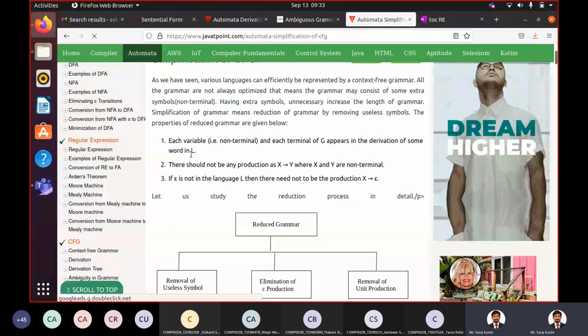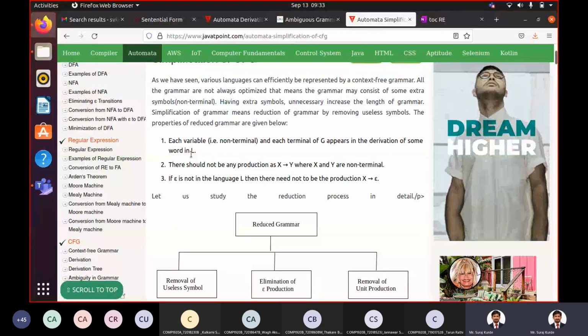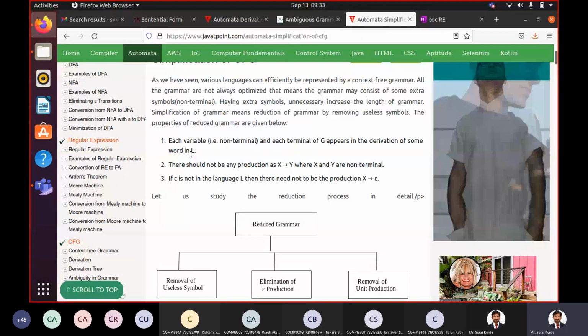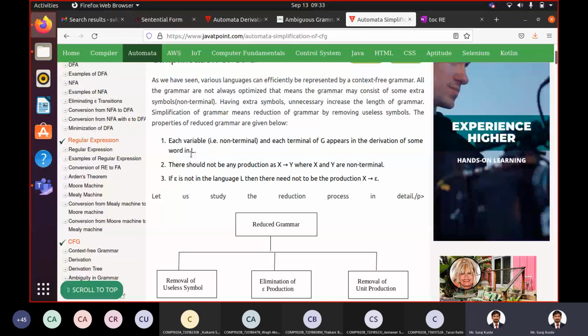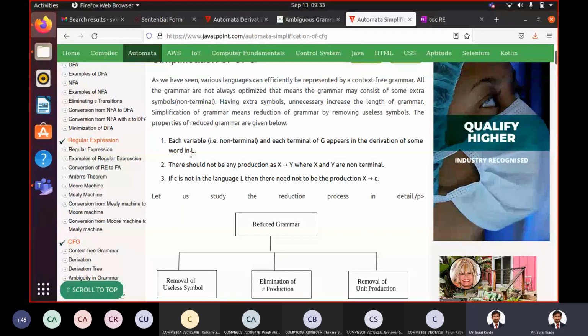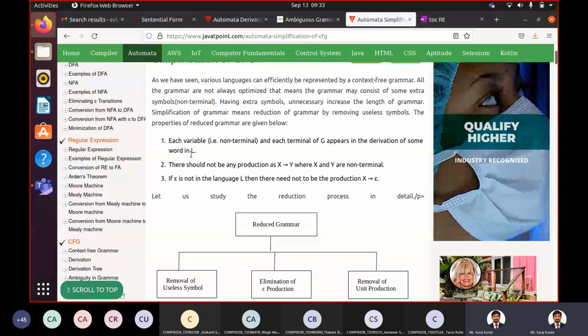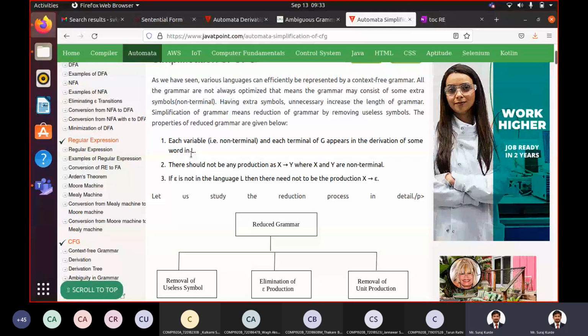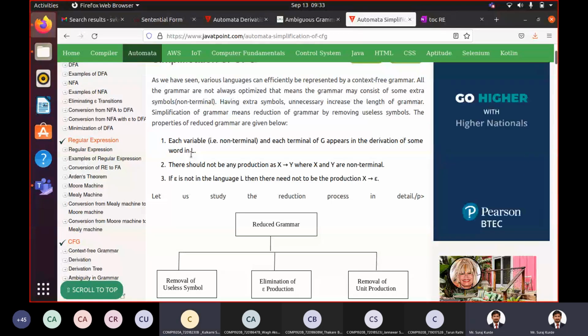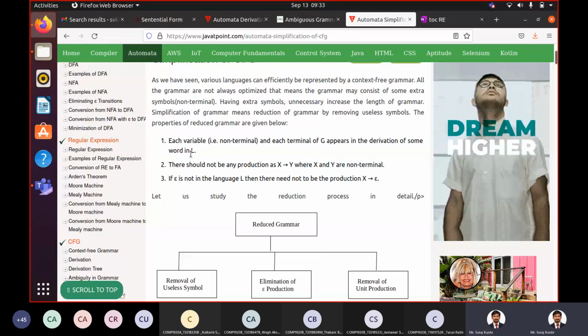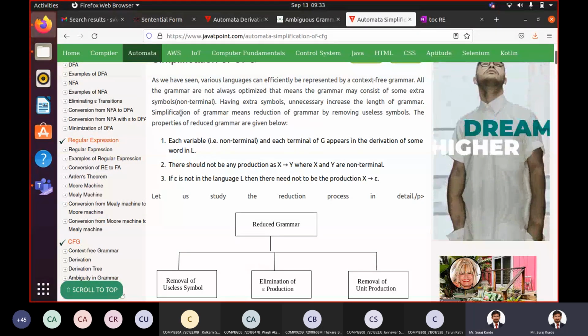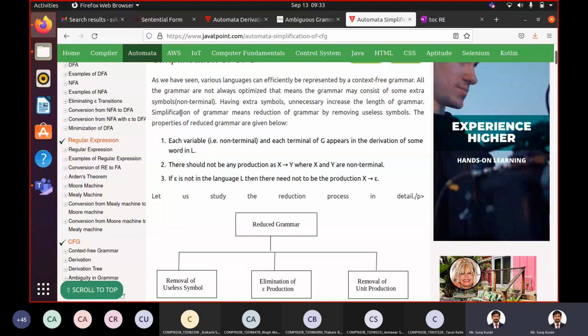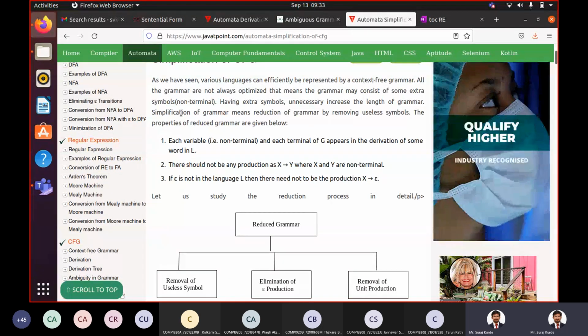If epsilon is a part of the language, we cannot remove that epsilon production. Remember this point, it is important. For all the grammars, we cannot remove it. Only for those grammars where the language does not consist of epsilon as a string, we can remove this epsilon production. So these are the properties of a reduced grammar or simplified grammar.